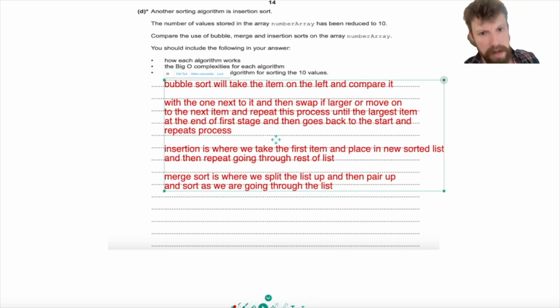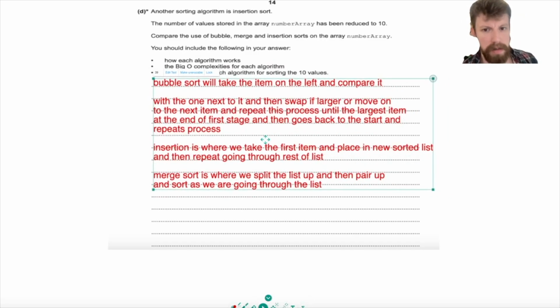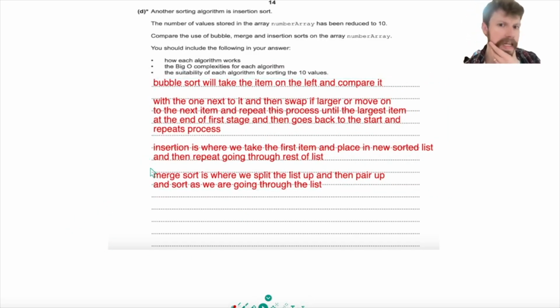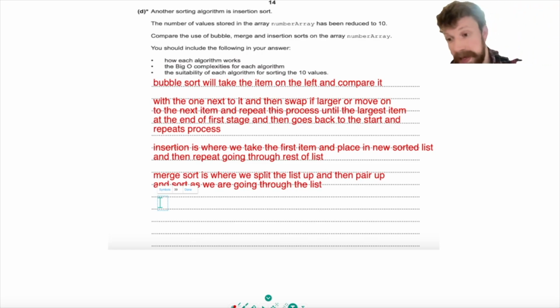Then I'm going to be talking about the big O notations, which is just, do you know what the big O notations for these are? You can obviously talk about the average big O notation, because there is also the best case scenario and worst case scenario.